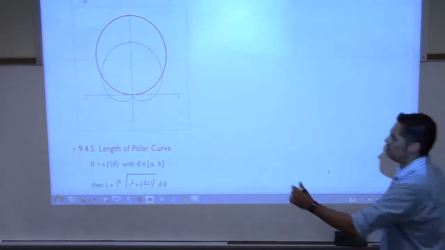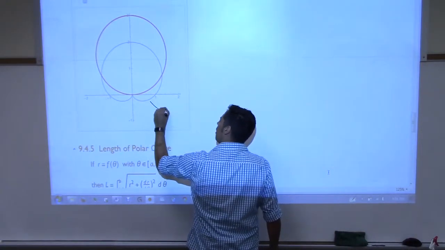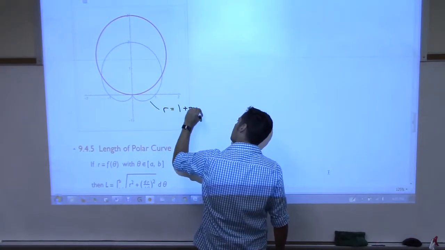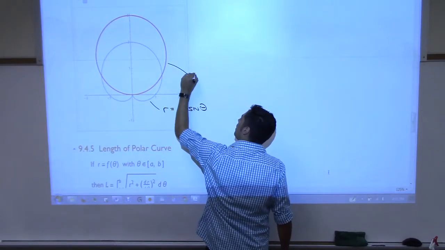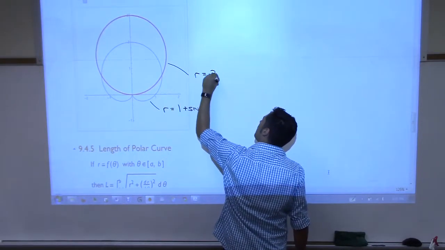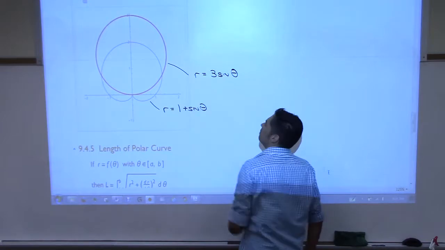So this one is r equals 1 plus sine theta, and this red one is r equals 3 sine theta.